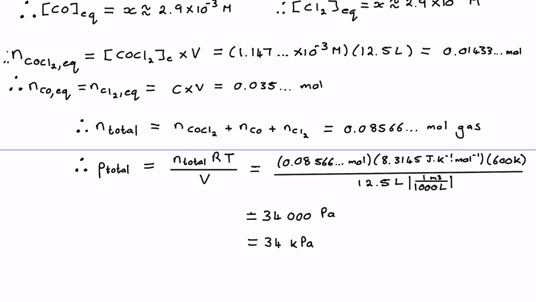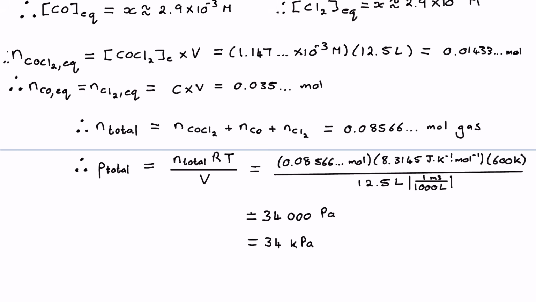If you want to take it to atmosphere, that's 0.34 atmosphere. Relatively, it's the same amount of bar, approximately 0.34 bar if you did it in bar. I just like to work with SI units, so kilopascal. All right.